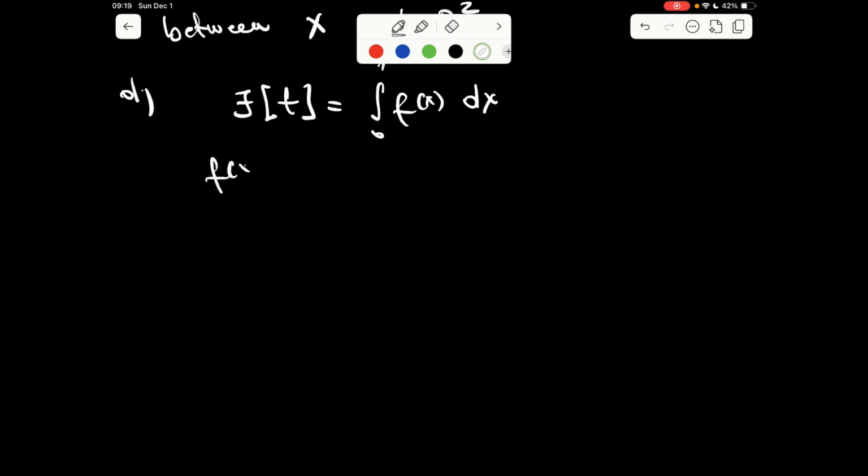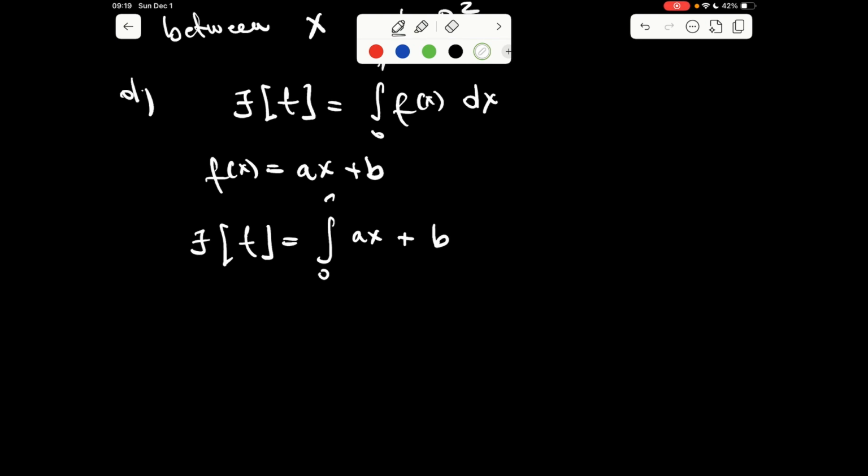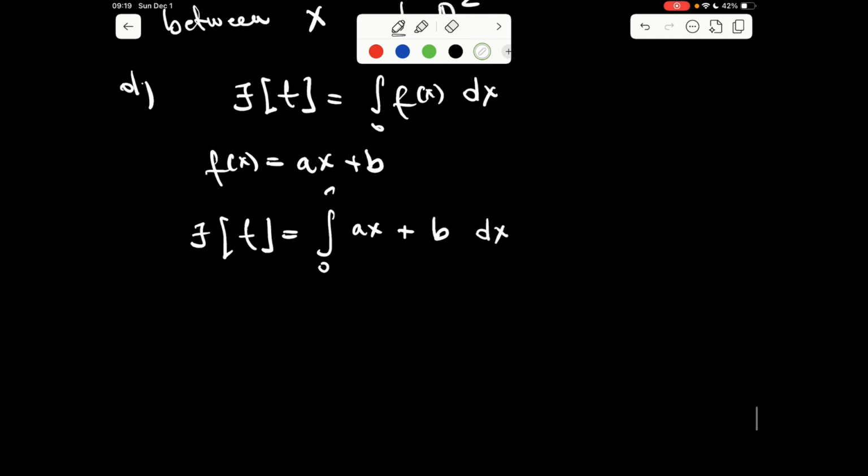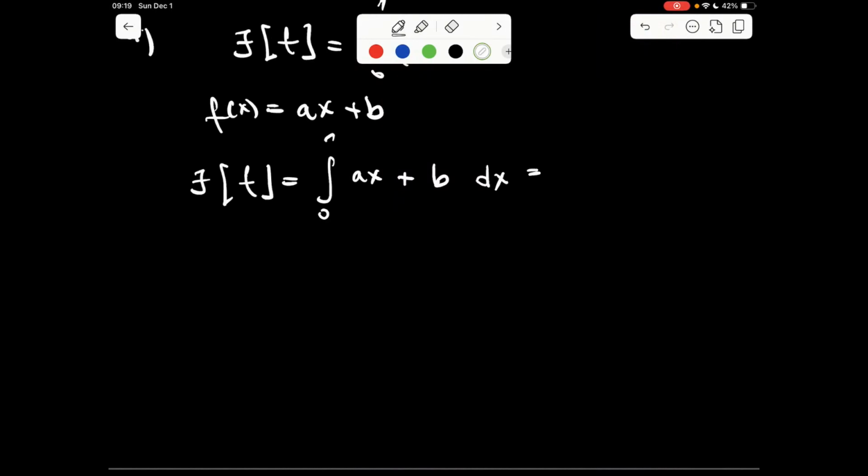If f(x) is in the standard form ax plus b, then the functional is simply the definite integral of ax plus b over the interval 0 and 1, and it has a clear value, a over 2 plus b.